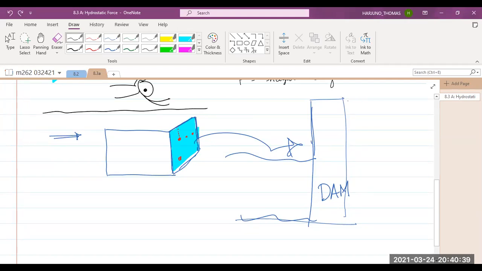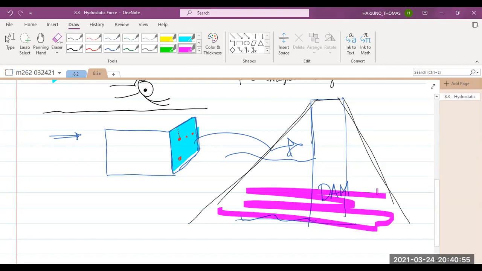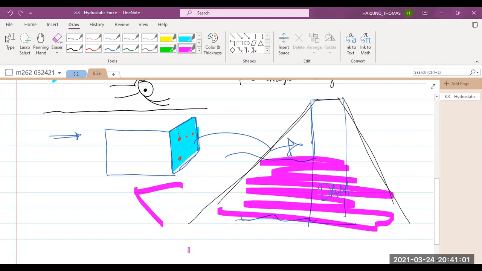If you look at how they build their dams, the wall actually looks like that. Because the dam has to be really tall, the strength, especially at the foundation, has to be really, really good. Otherwise, the wall may tumble because the force at the bottom is too high.